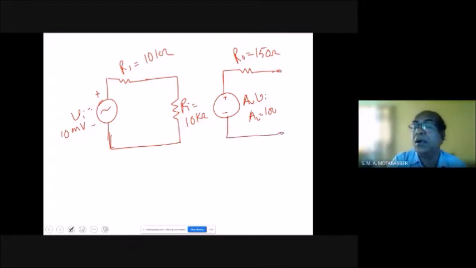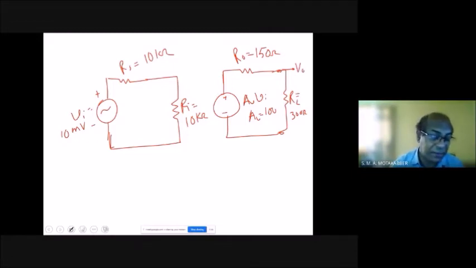The load resistance is RL. Maybe it is 300 ohms. Now this is my V output.